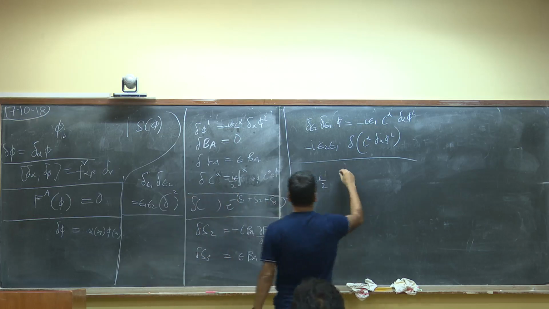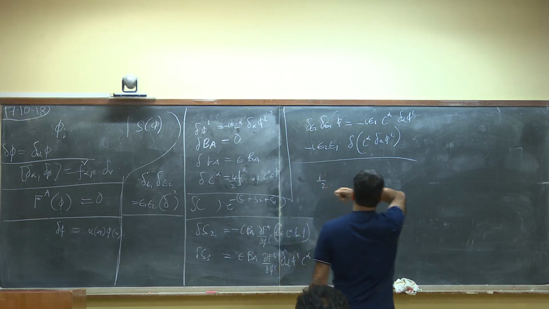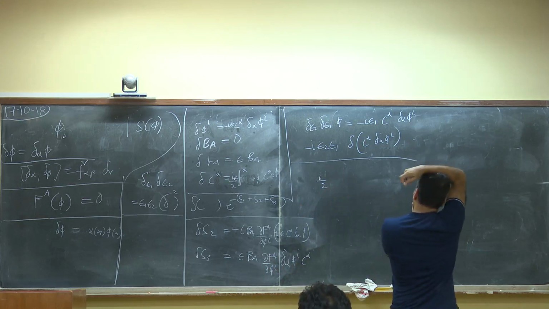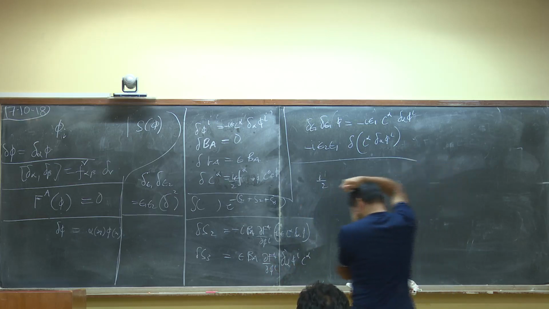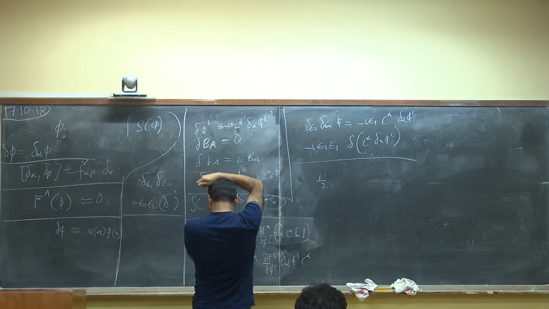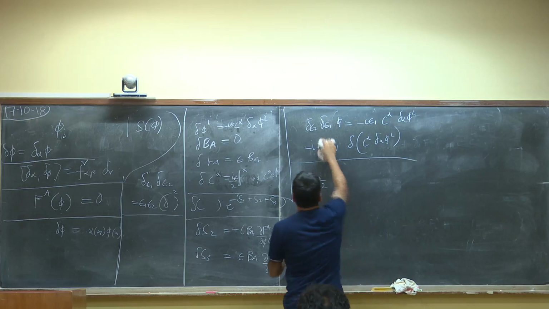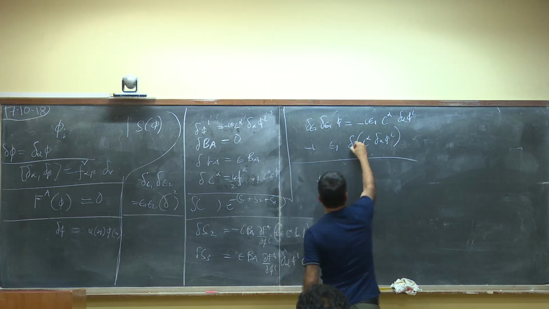I should be careful about my epsilon 2s. This is always the confusing thing. Just a minute. Yes, I should be careful about my epsilon 2. So let me do this carefully. Let's call this delta epsilon 2.